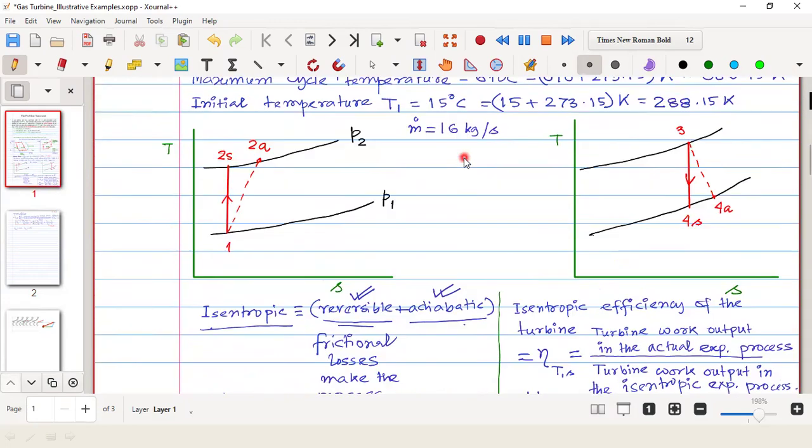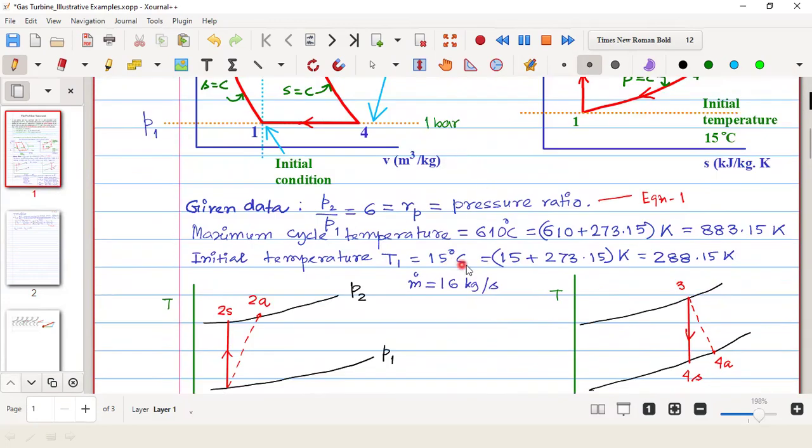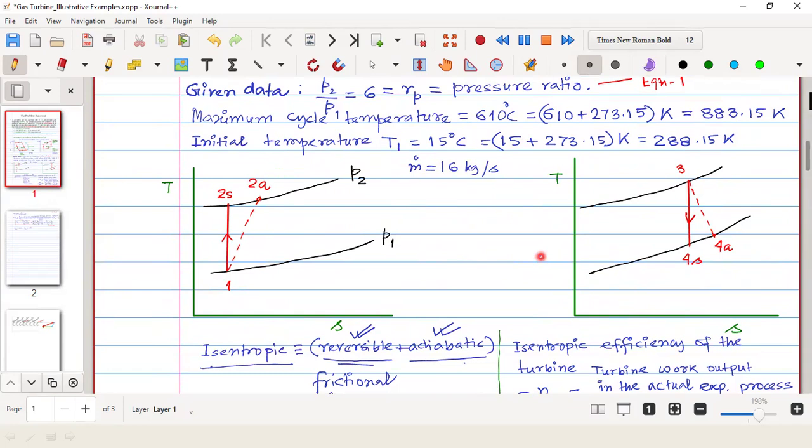Also, another thing that is given is P1 is equal to 1 bar.